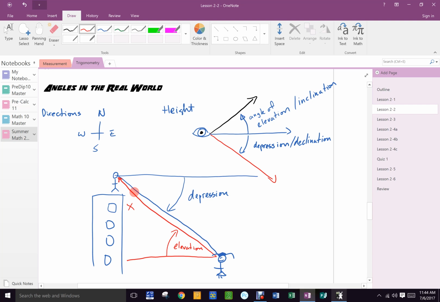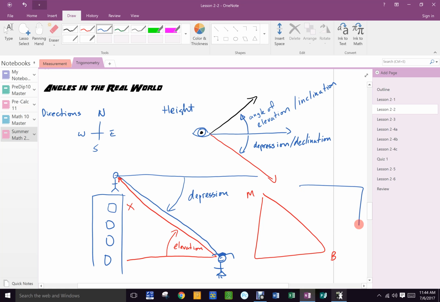Everybody cool? Now here's what's weird. What do you know about those two angles? They're the same. Her angle of elevation is the same as my angle of depression. Everybody cool? So I can draw two different triangles here, can't I? I could draw the red triangle and do trig from Brooklyn to Myers.